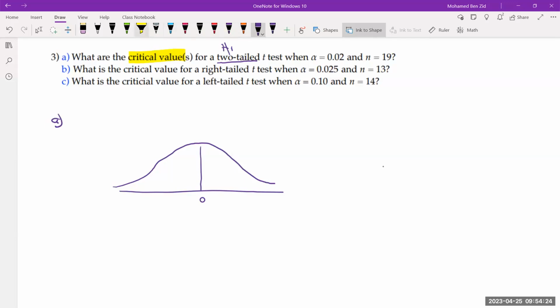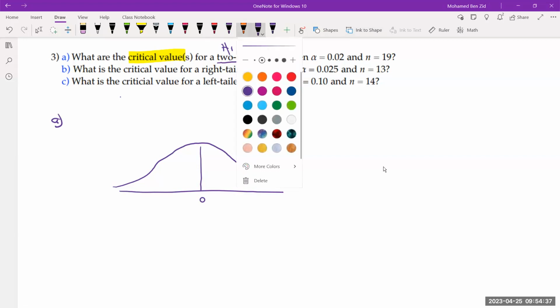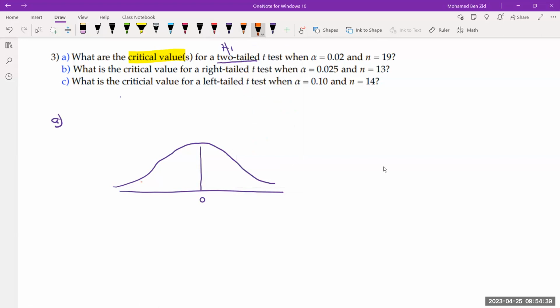What does that mean? It means the alpha is going to be split in two halves. Half of the alpha is going to go here and half of the alpha is going to go there, and this happens only for the two-tailed scenario.